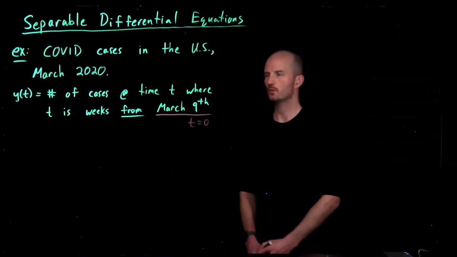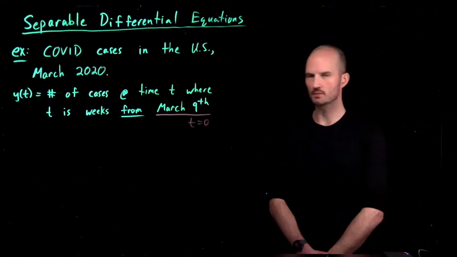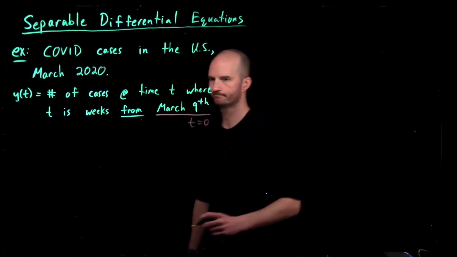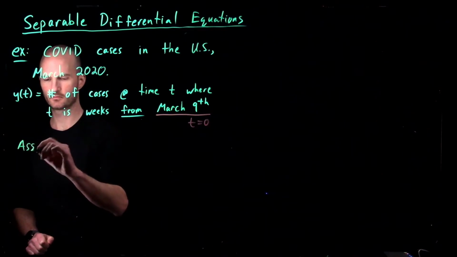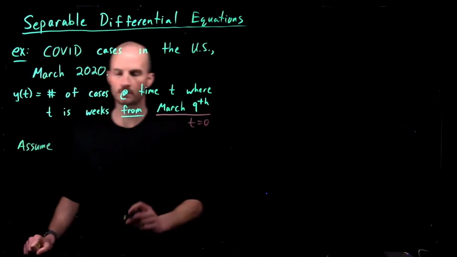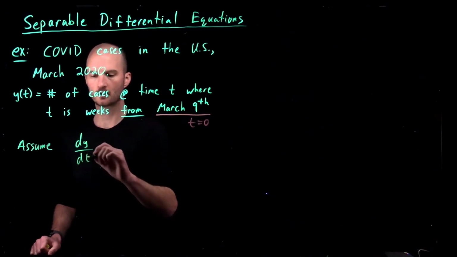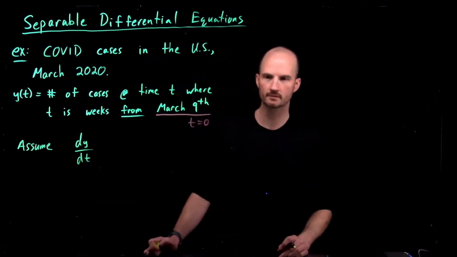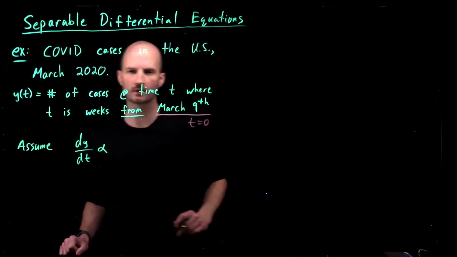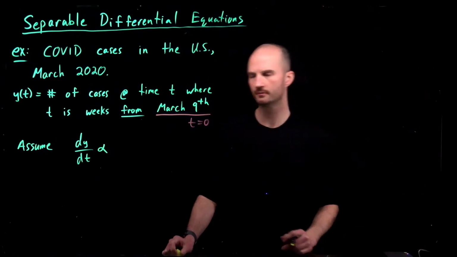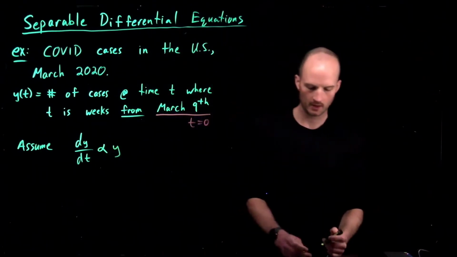Okay, so we're going to make an assumption here. It's a simplifying assumption, but reasonable. We're going to assume that the rate of change of the number of cases is proportional, this little fish symbol, proportional to how many cases we have.